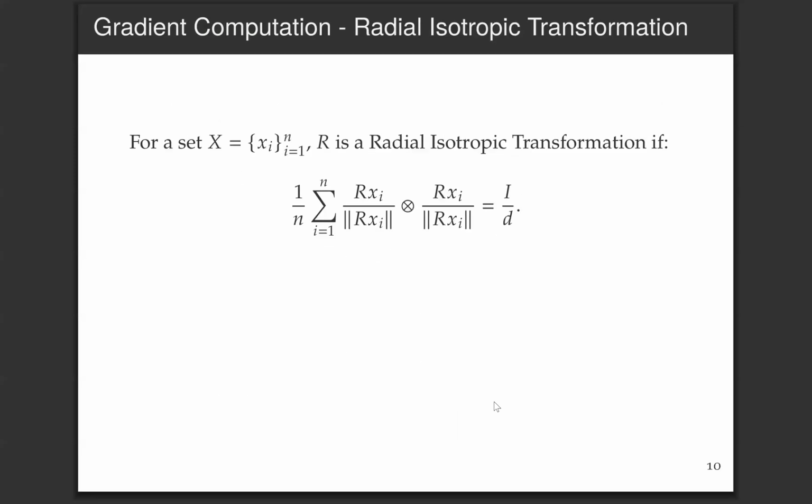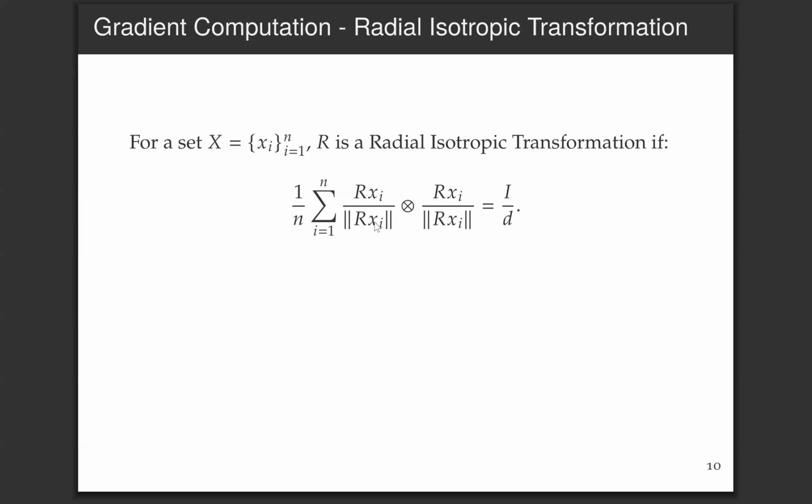To compute such an estimate, we use a technical tool called the radial isotropic transformation, which is defined as follows. For some point set capital X, we say that R is a radial isotropic transformation if the rescaled points after passing through the linear transformation R are isotropic. I'm going to transform each of these points with respect to R, and rescale them.